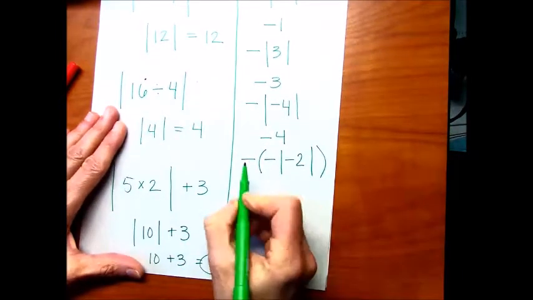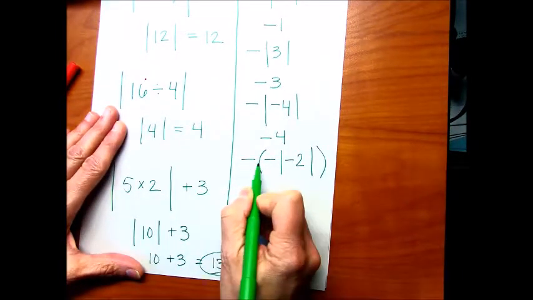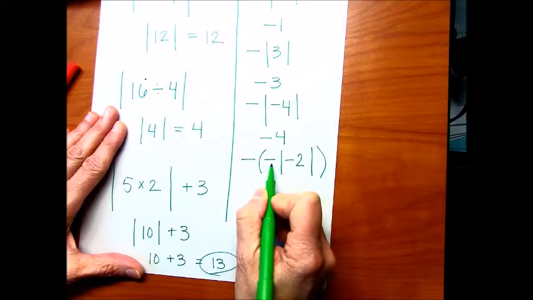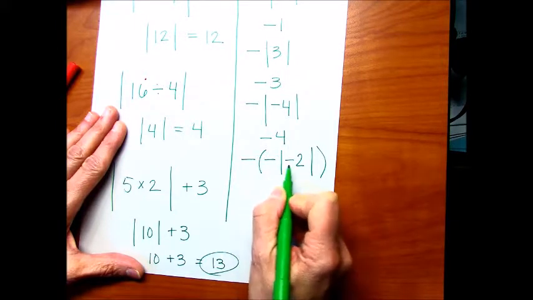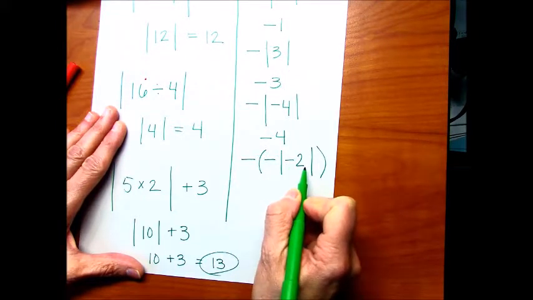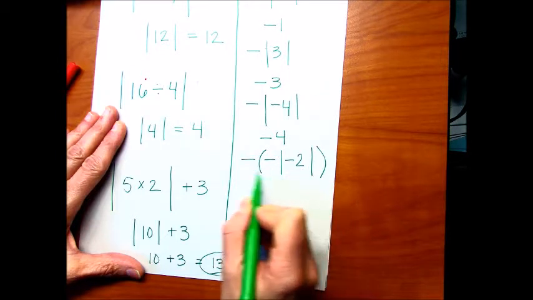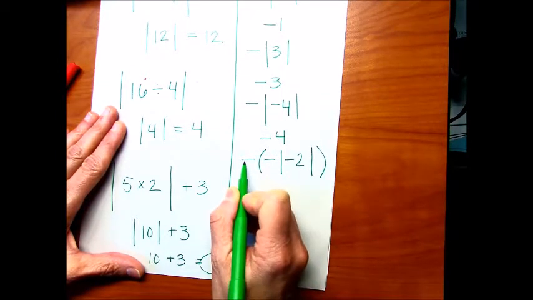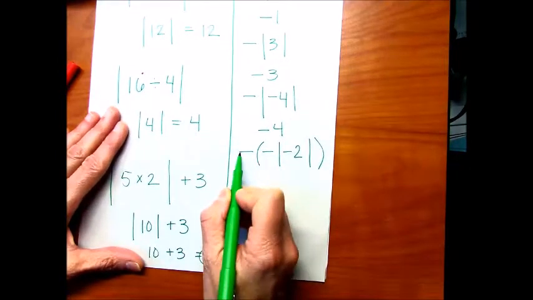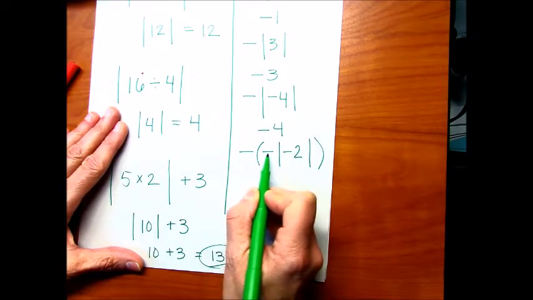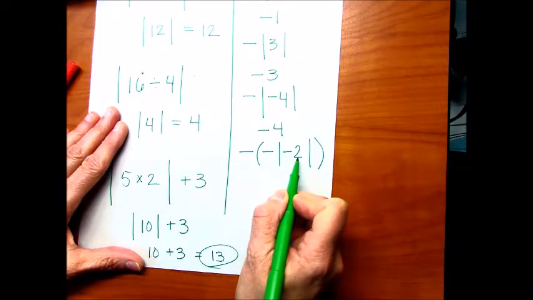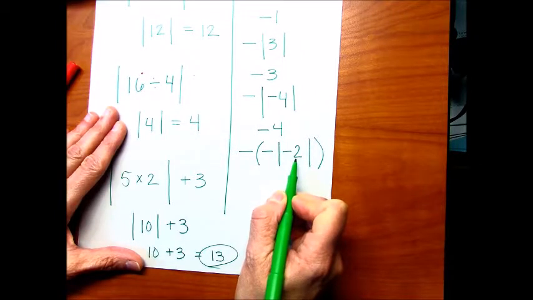So we have the opposite of the absolute value of negative 2. And there might be a better way to say that, but that looks like what it is. Maybe another way is the negative of a negative absolute value of negative 2. That might be a better way to say it.